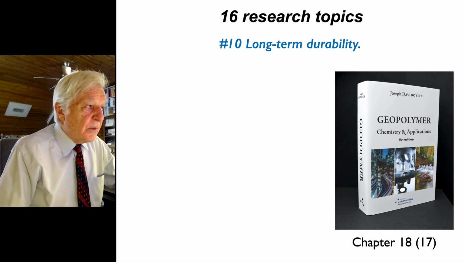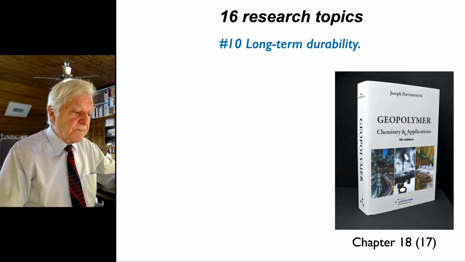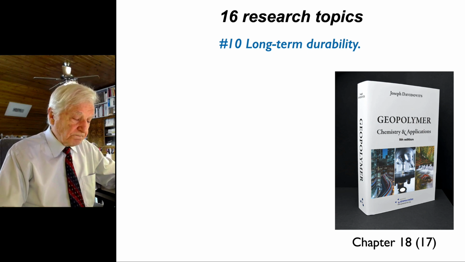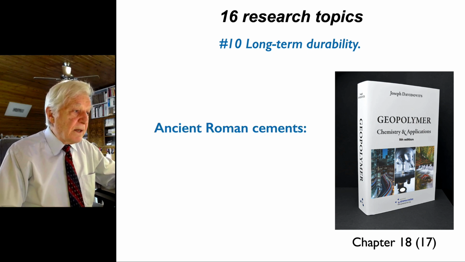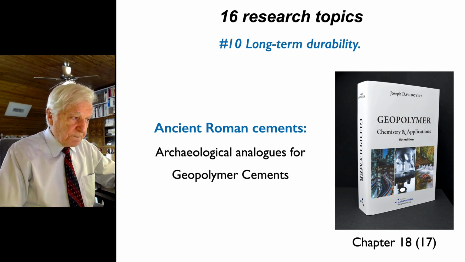Research topic number 10, long-term durability. It is part of chapter 18, that is chapter 17 in the previous editions. And I have always claimed that ancient Roman cement is providing a good example of long-term durability of geopolymer.